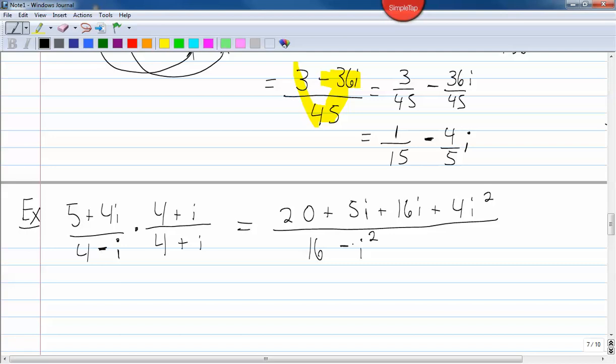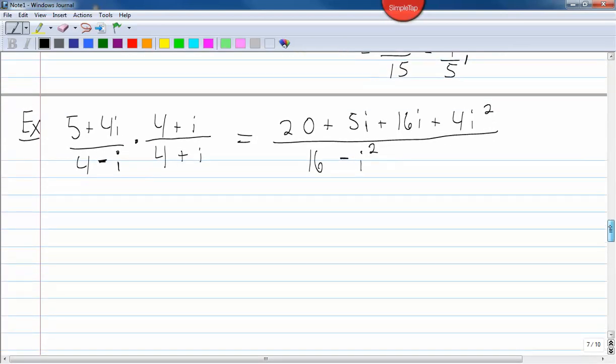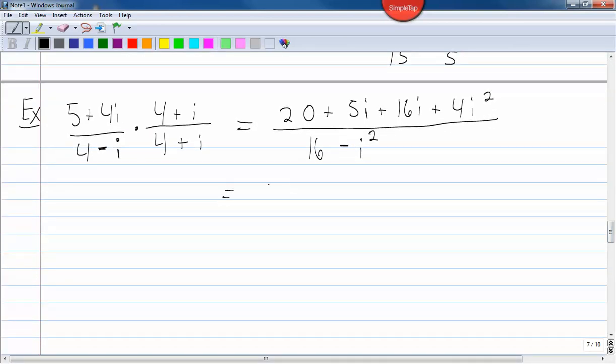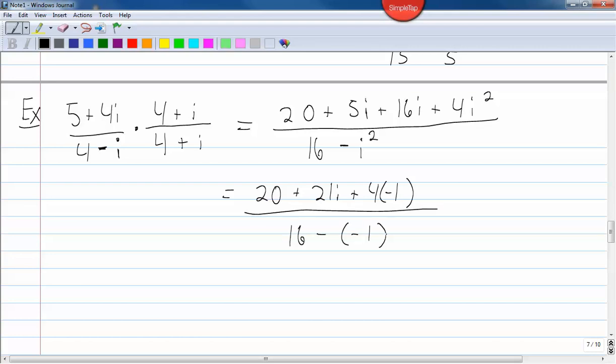Alright. Now I want to combine like terms and plug in a -1 for any I squared. So this is 20 plus 21i plus 4 times -1 over 16 minus -1.